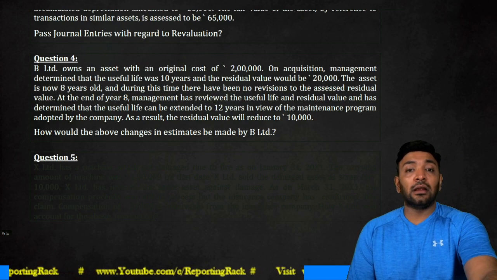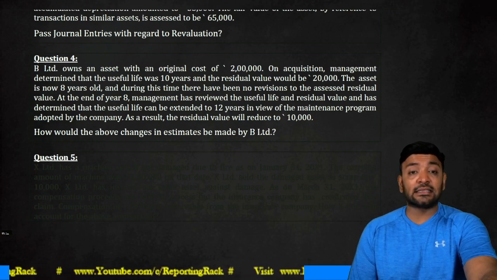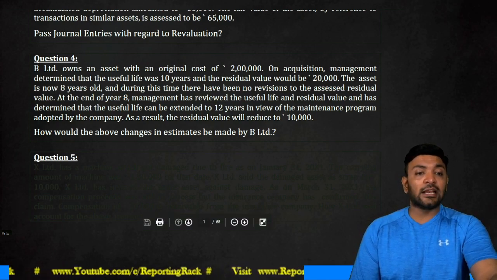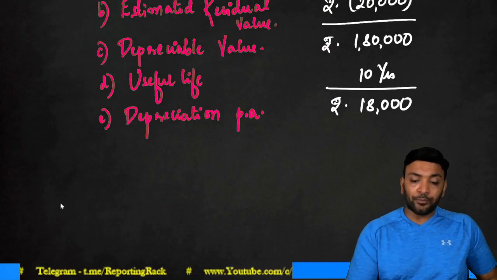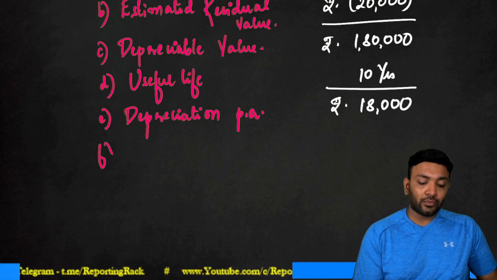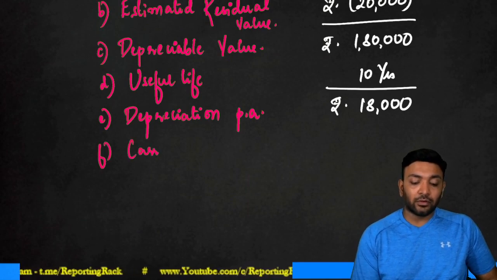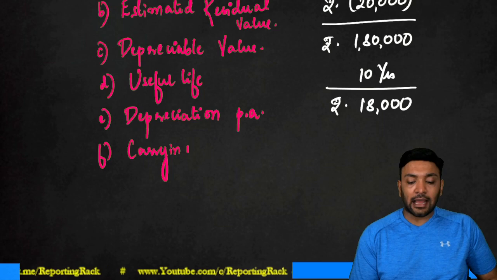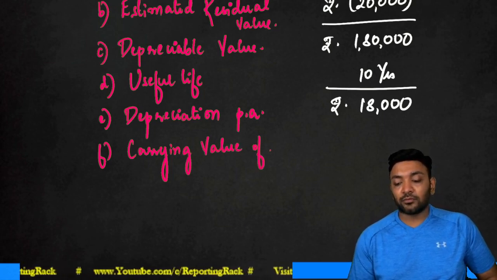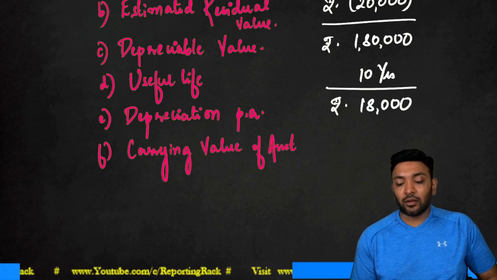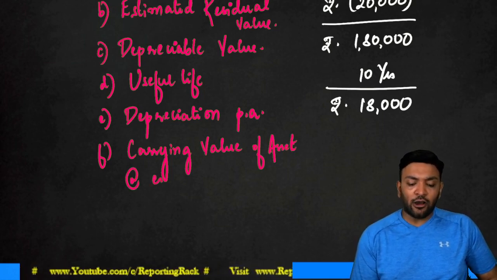So let's see. That means until the 8th year, it is the same. There is no change until the 8th year. So therefore, calculate the carrying value of the asset at the end of year 8.